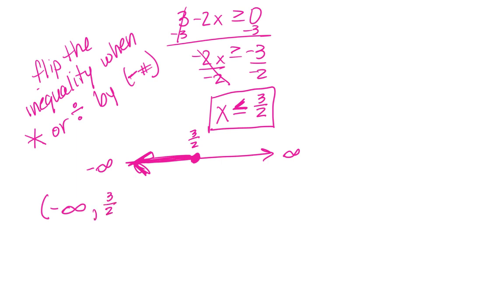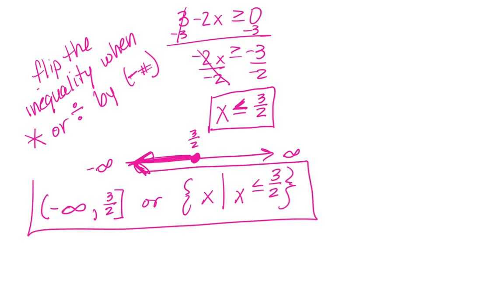To 3 over 2. Or your set builder. So that is what your graph would be notated as, set builder or your interval notation.